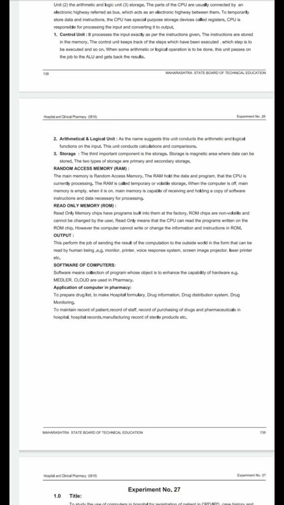Second, to maintain the records of patients, records of staff, records of purchasing of drugs and pharmaceuticals in hospitals, hospital records, manufacturing records of sterile products, etc.